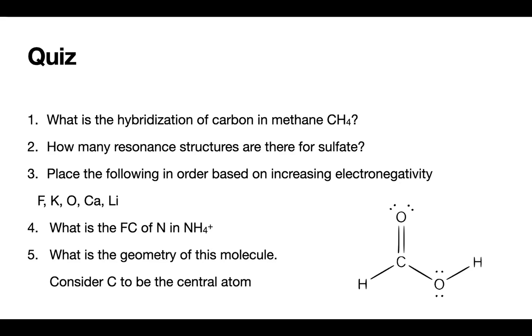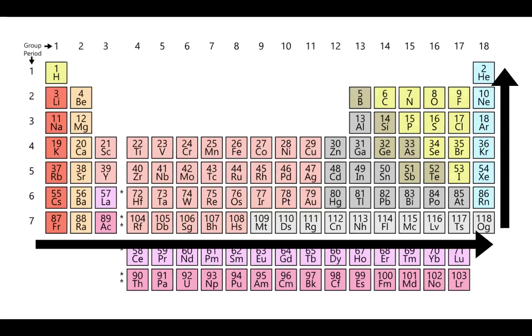So let's go back to this one right here. Whenever we're ranking in terms of electronegativity, we want to look at whatever is basically in the bottom left. Everything in the bottom left we know is going to be weaker than basically what's up here.